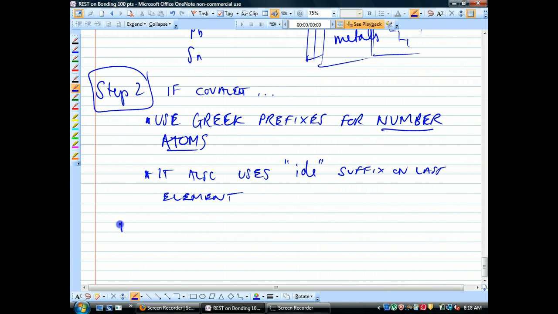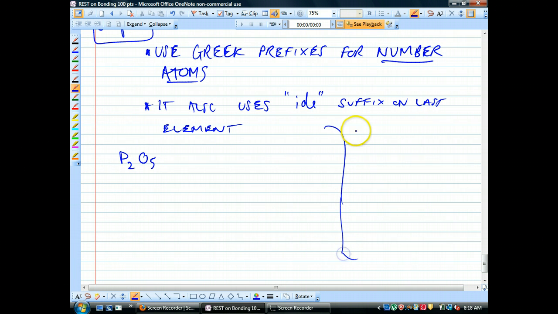So let's just try one. P2O5. Well, first of all, what I should do is give you a look at what the prefixes are. You're probably familiar with these from geometry. Numbers 1 through 10; we'll go up to 10, even though you rarely need beyond about 6.